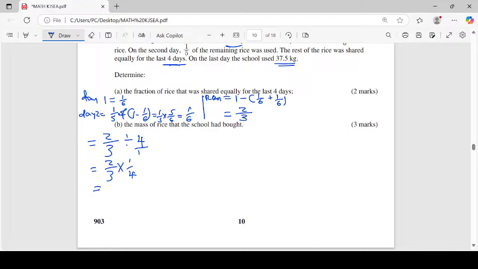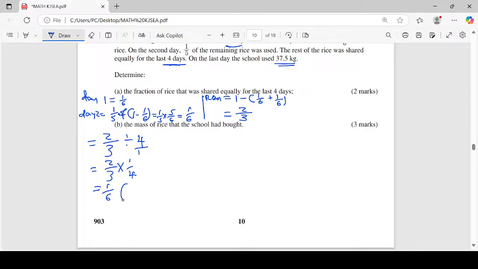So now I'm having 2 over 3 times 1 over 4. I'm going to get a sixth. It means that each of the last 4 days had a sixth.